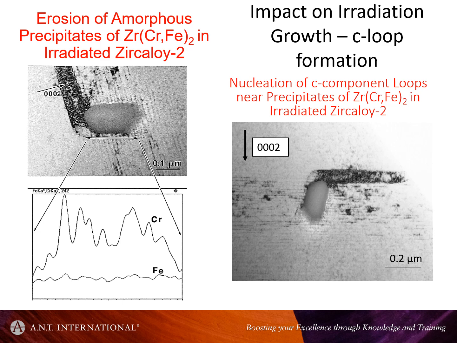Another interesting story is that at CEA, the French tried to reproduce some of these amorphous effects with ion irradiation. And lo and behold, in one of the examples they saw some amorphous transformation at one side of the precipitate, and they said, oh, okay, this must be an example of ballistic mixing.